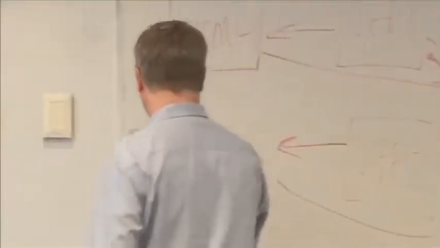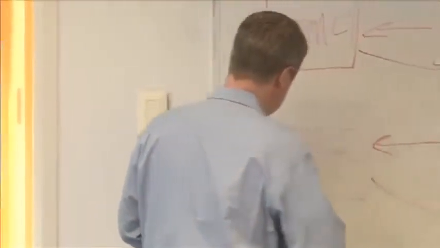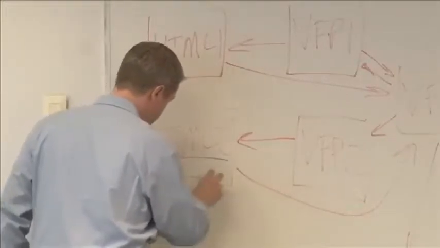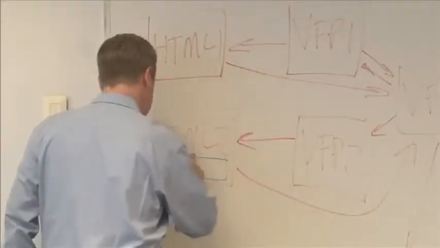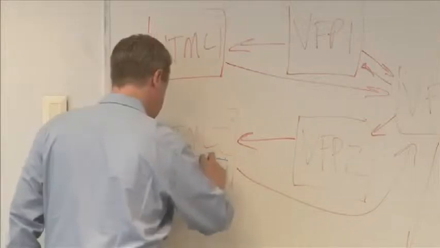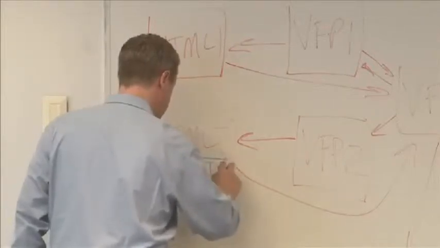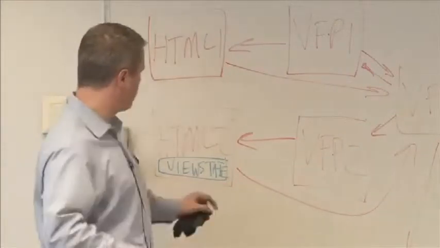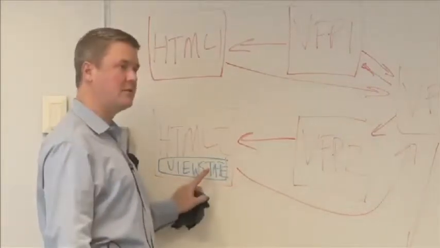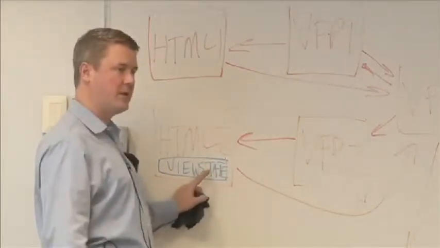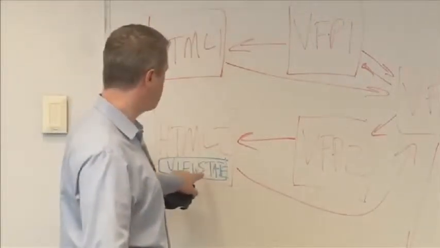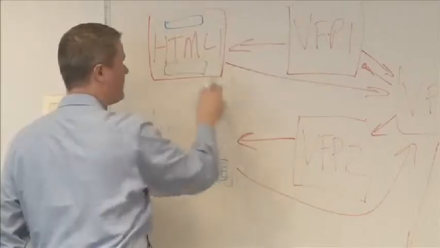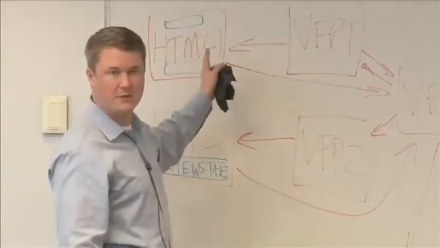And what view state is, view state is a hidden input that is contained within each page, and what it does is the view state here is associated with the different fields that the person filled out here.